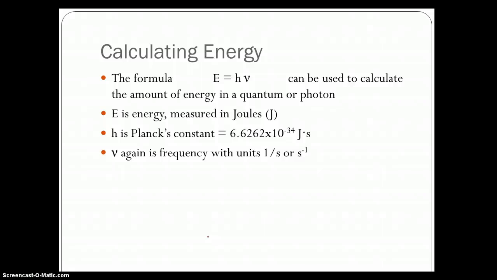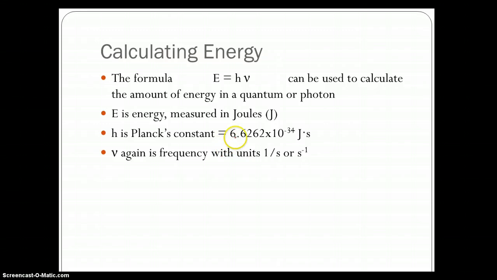Okay, so here's how we calculate energy. Our formula is E for energy equals h times frequency. Energy is measured in joules, which will be a capital J. h is a constant. It's called Planck's constant. Planck was a scientist that helped formulate this whole idea of energy and photons, and so he named the constant after himself.